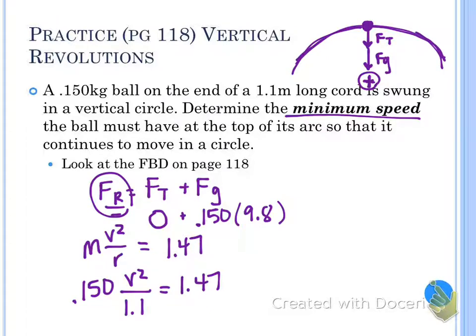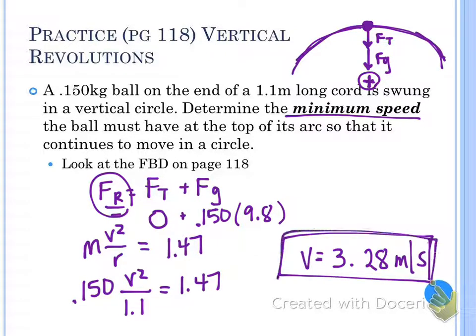And then make sure you don't forget to square root it at the end. Okay, do we all agree? Do we understand algebraically how that part works? There are a couple of different ways you can go about it, but we need to get v by itself, and then we need to remember to square root it at the end. So 3.28 is the slowest that it can go in order for it to stay in its circular path.